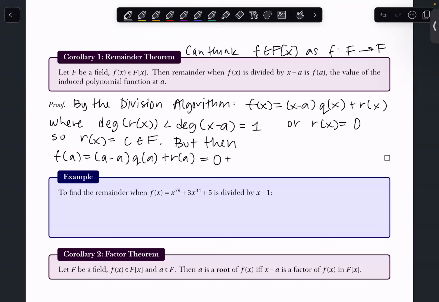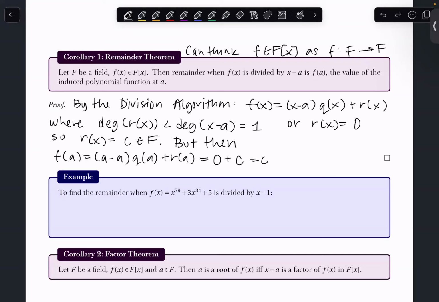And then my r of a is always going to give me back c, because it's the constant polynomial and has no x's in it. So what this is telling us is that f of a, what I get when I plug a into my function, is exactly what I'm going to get as my remainder if I had divided. These are really the same exact thing.